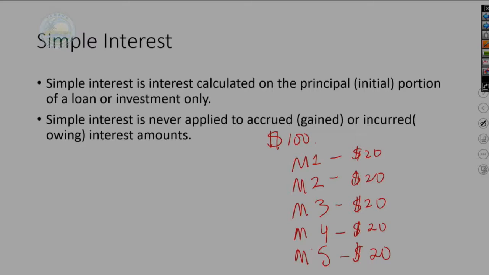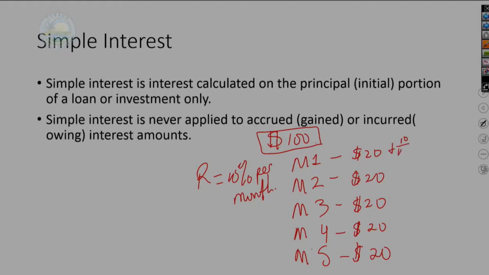Now, let us say that the interest rate was 10% per month. So in addition to paying off the principal, you had to pay 10% interest per month, simple interest. Well, this 10% is going to be based on your principal. Now, I want you to see something. When you pay that 10%, we have to add that 10% to this.